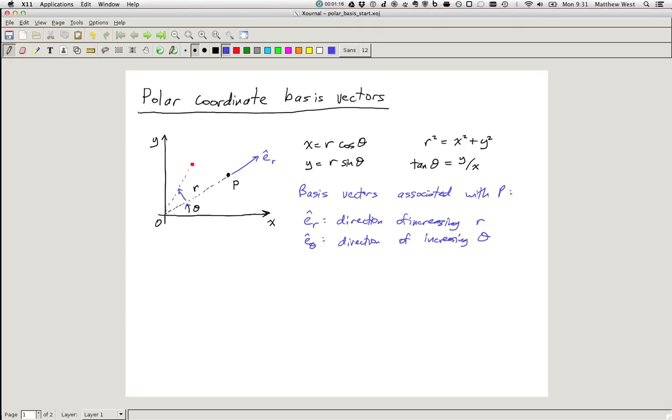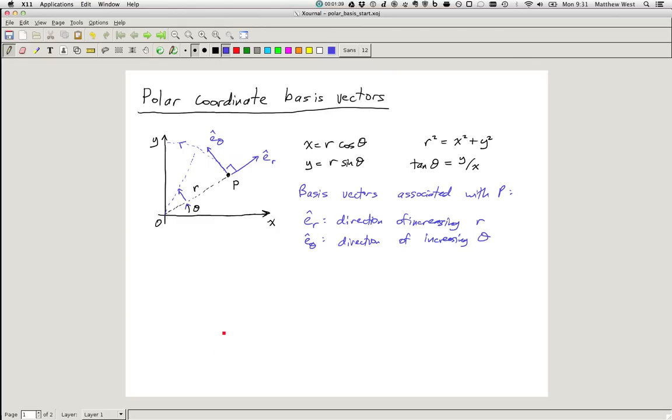If we increase theta but keep r fixed, then point P is moving around in a circle like this. That's what happens if we just sweep theta around. And so the direction that P starts moving out in is this direction here, tangent to the circle. So that's e_theta hat, and it's going to turn out that these two directions are in fact orthogonal to each other.